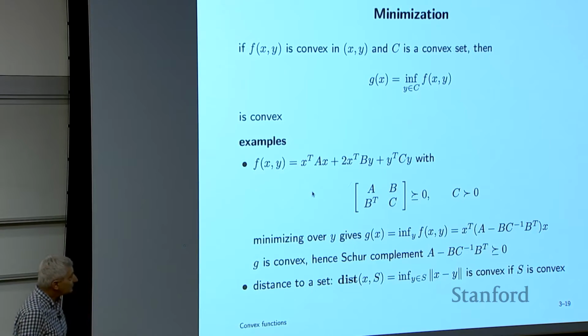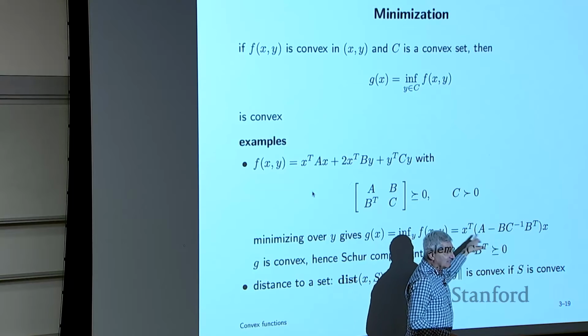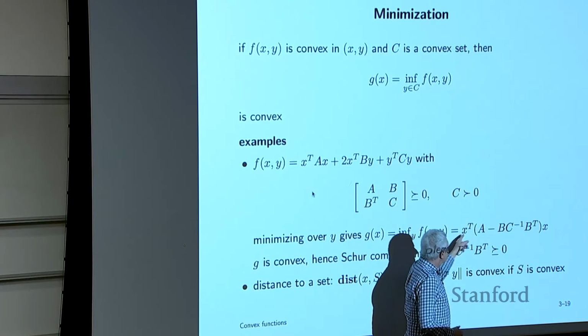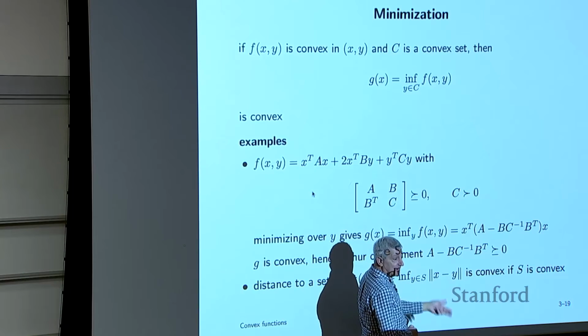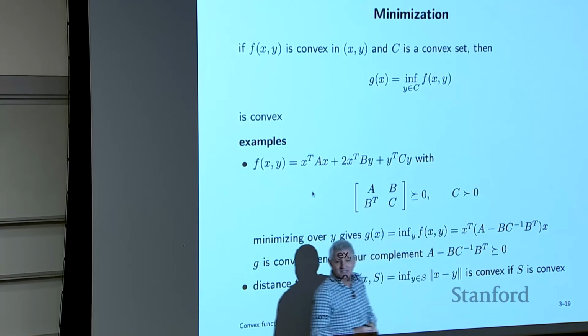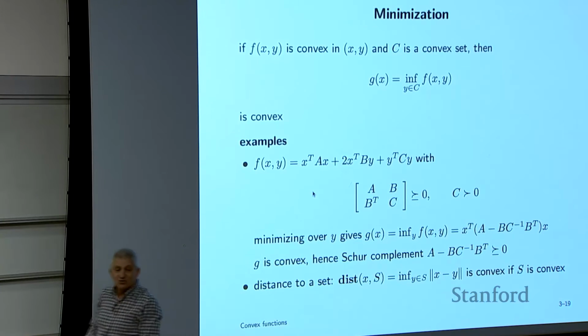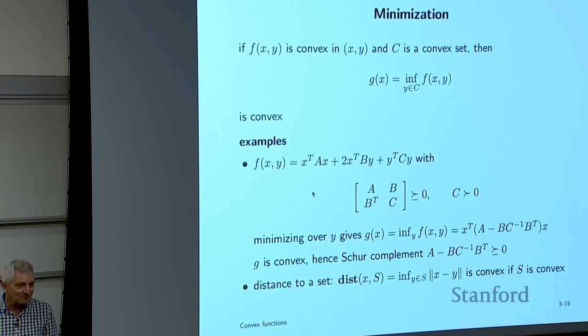You solve that, work out what y is, plug it back in, and you get x transpose times something. So I take this function of two variables, and if I minimize over y for each x, I end up, number one, with a quadratic form. So you could even say that quadratic forms are closed under partial minimization. That's a perfectly reasonable statement to make, right? But not only that, it's kind of cool: if the original quadratic form was PSD, so is this one.